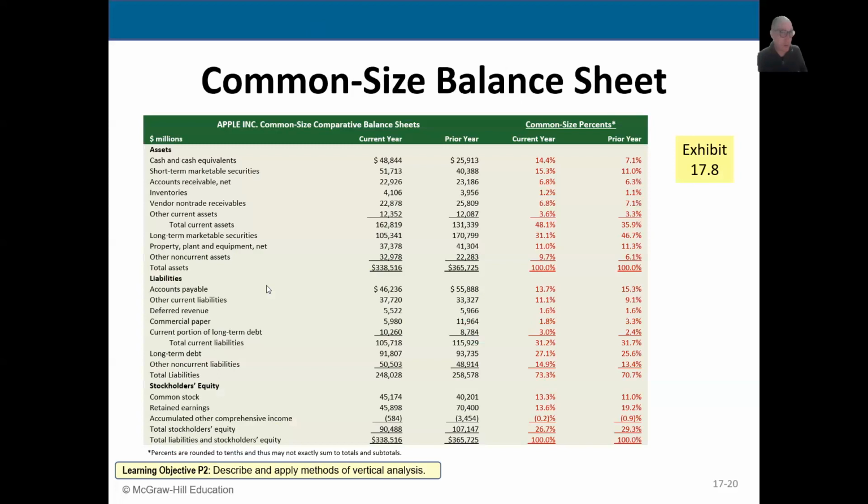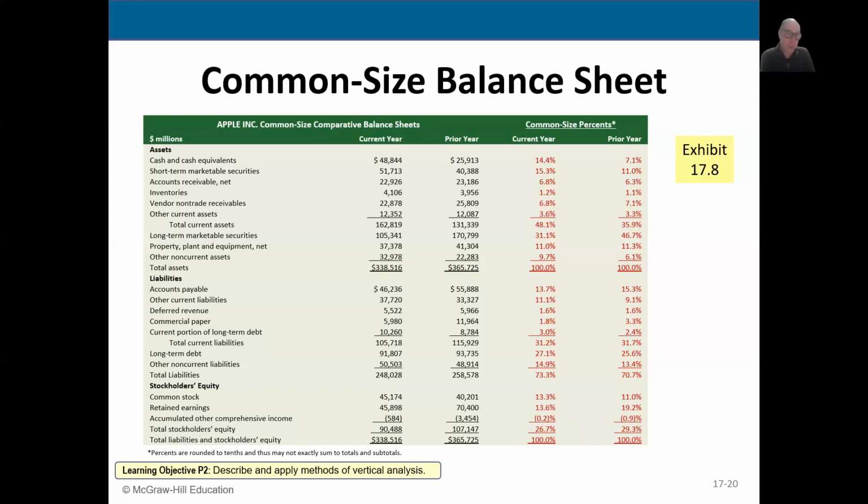So when we do this, we express everything as a percentage. Here we have a balance sheet for Apple. I express everything as a percentage of total assets. So I take the analysis amount and divide that by total assets for that respective year. Let's do that for the current year.